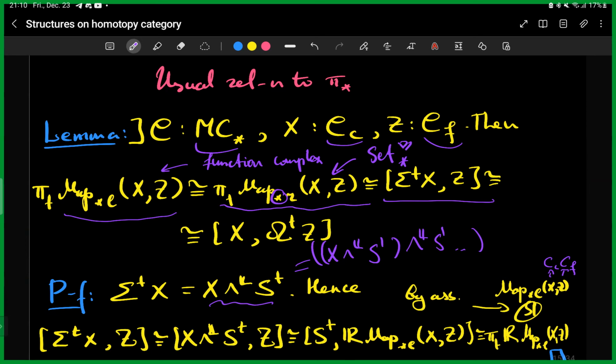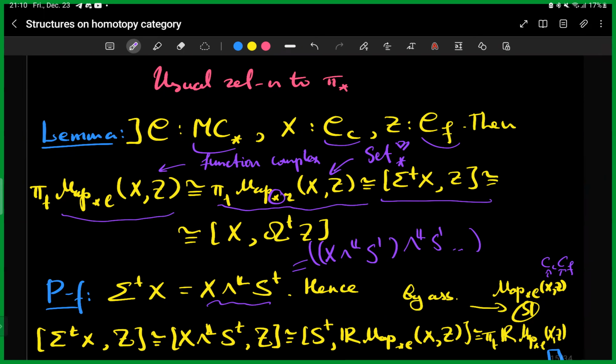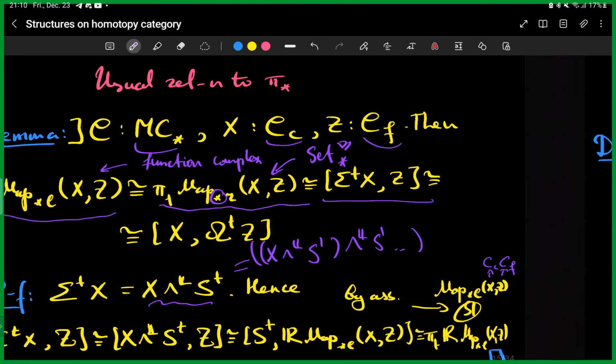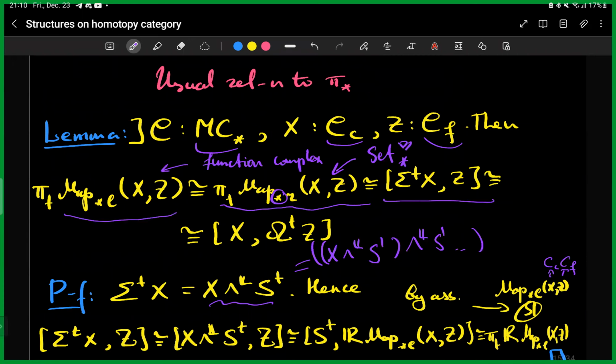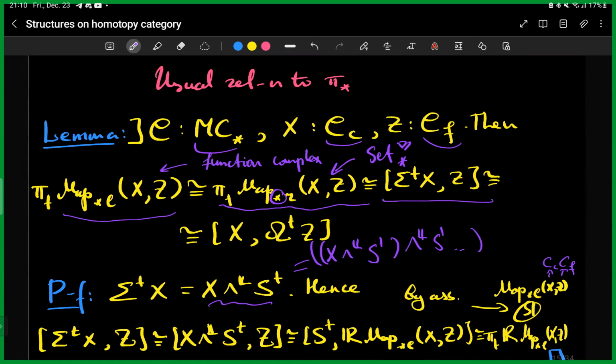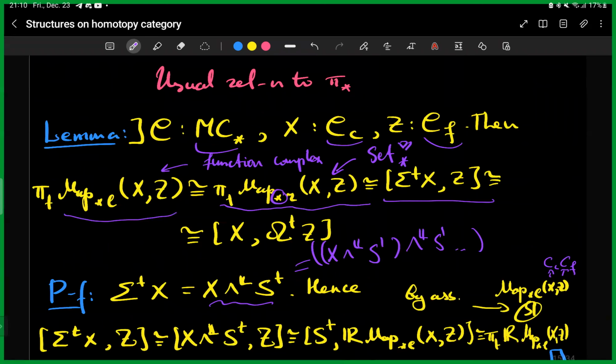Okay, so that's a quite familiar lemma, and yes, from homotopy theory, most people know that the suspension shifts homotopy groups and stuff like that. So the interesting thing is that this holds in great generality. So in fact, this is just a property of pointed model categories. Doesn't matter if we have topological spaces or chain complexes or whatever.